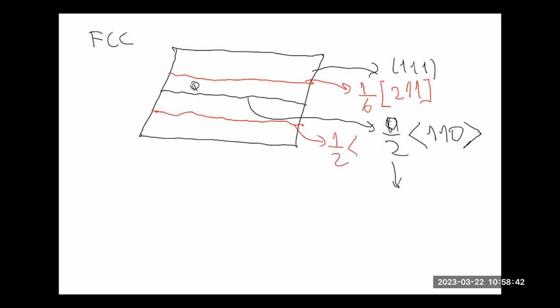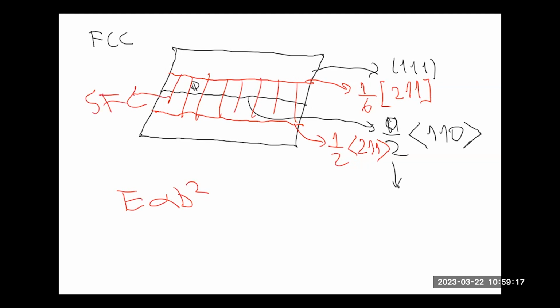So remember Frank's rule. Frank's rule states that the energy is proportional to the Burgers vector squared. Energy is proportional to the Burgers vector squared. And in between these Shockley partials, we have stacking faults.